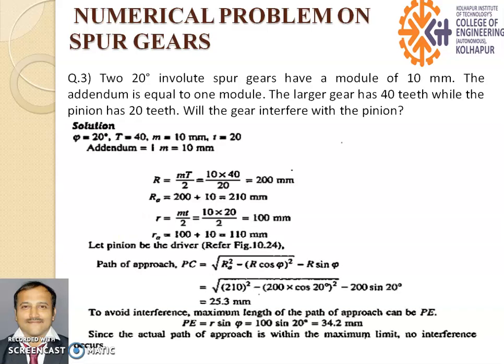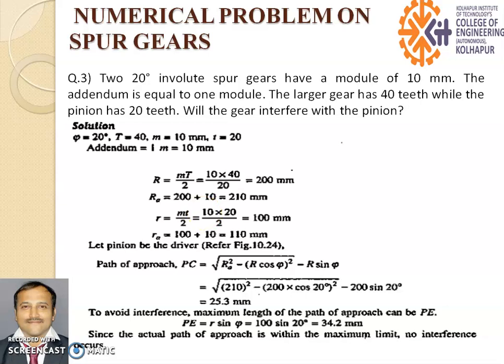Solution: pressure angle phi 20 degree, capital T 40, module m 10 mm, small t 20. Addendum is equal to 1 m, so 10 mm. Capital R is equal to m into T divided by 2, so capital R is equal to 200 mm.